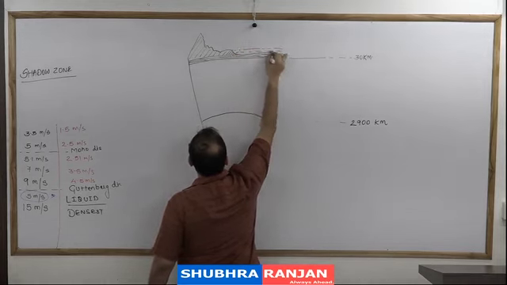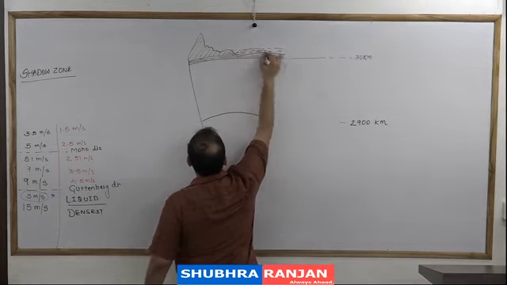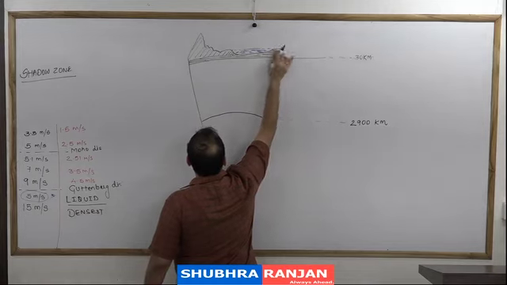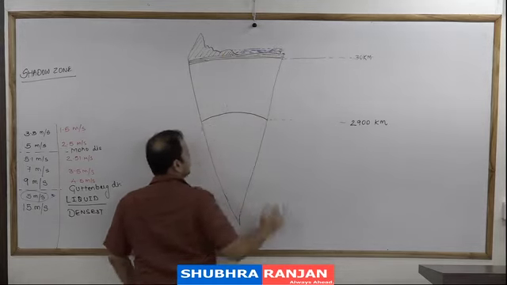So what does this mean? This is the continental crust and this is the oceanic crust.